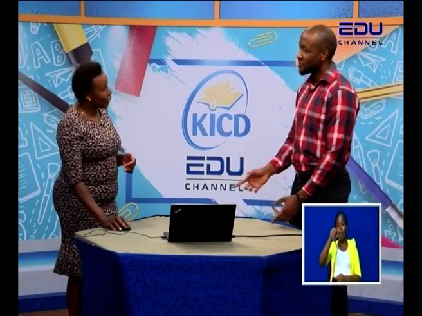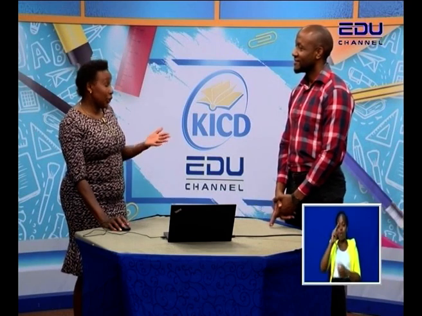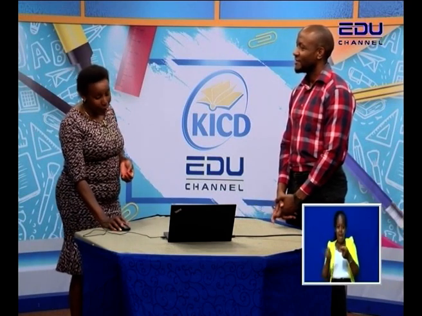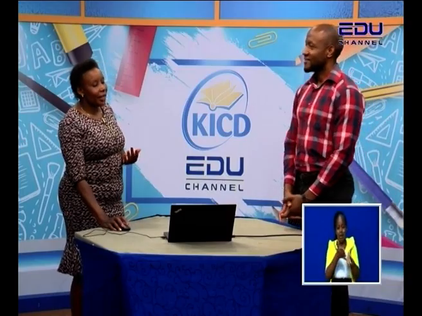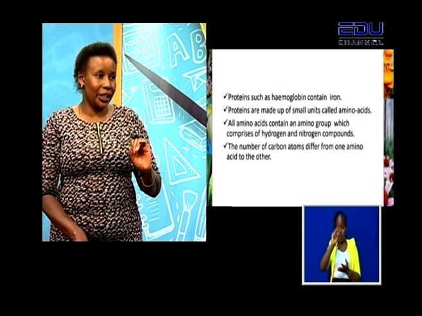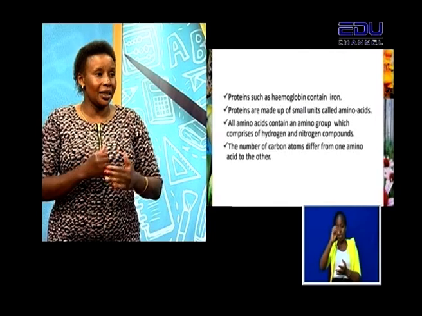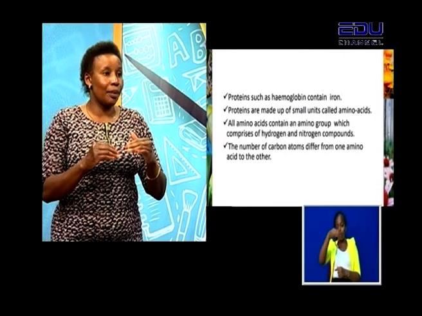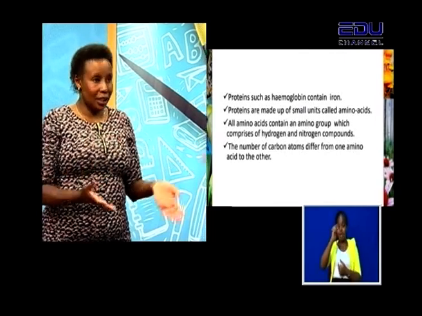That is why proteins are also known as nitrogenous compounds, because of the presence of nitrogen, which is an additional element that is not there in other chemicals of life. So the additional elements in proteins are phosphorus, sulfur, and nitrogen, and the presence of nitrogen is what makes proteins regarded as nitrogenous.